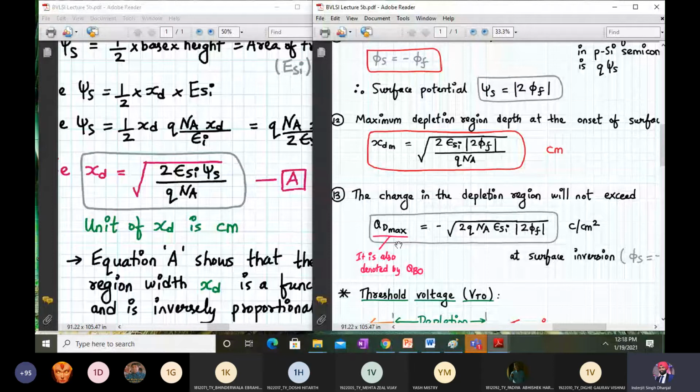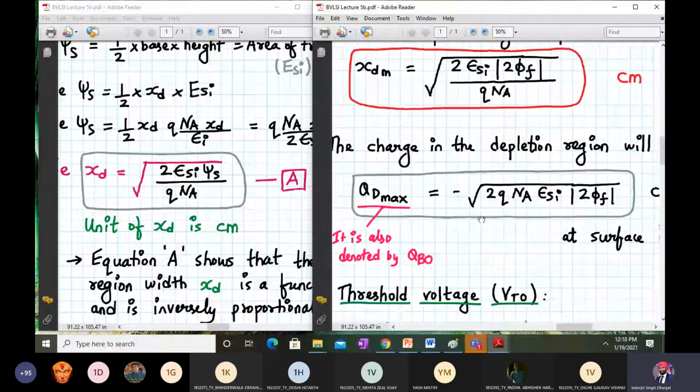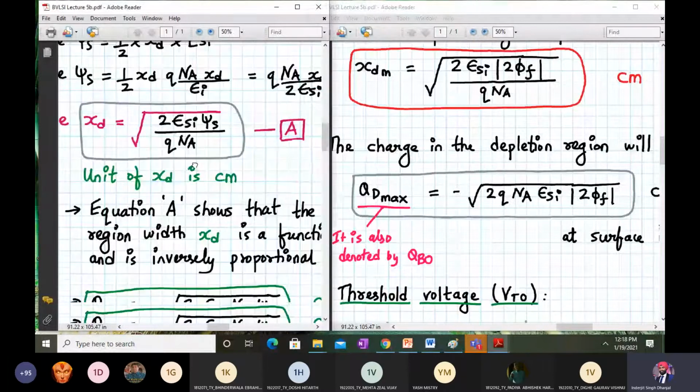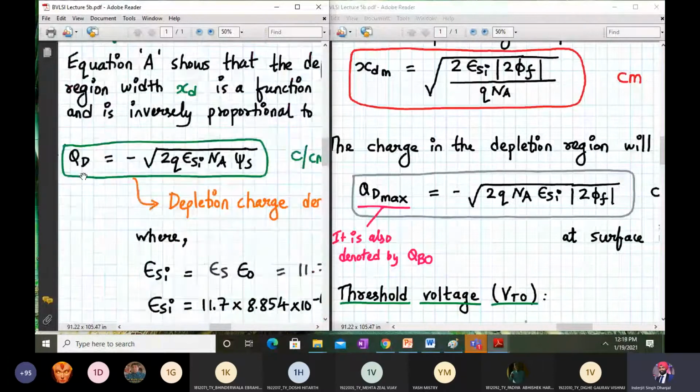So this is the QD max. I also want you all to note down this formula. We have also determined QD value. Now we just have to substitute mod of twice phi f instead of psi s. That's the only change. So this QD max, the depletion region maximum charge density, is also denoted by QBO.